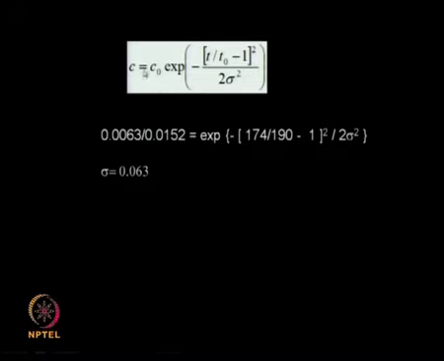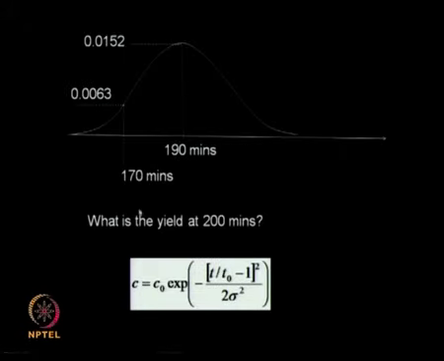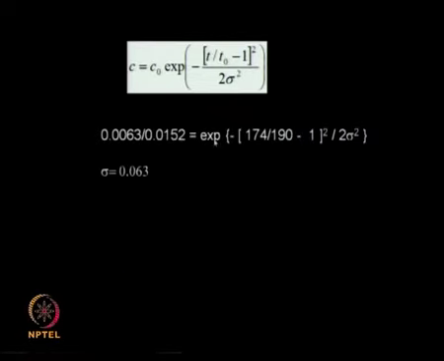So I come back again, same equation. At 170th minute, C is 0.0063, C naught is 0.0152, T is 170 minutes, T naught is 190 minutes. So I can substitute all these terms and I will calculate the sigma.